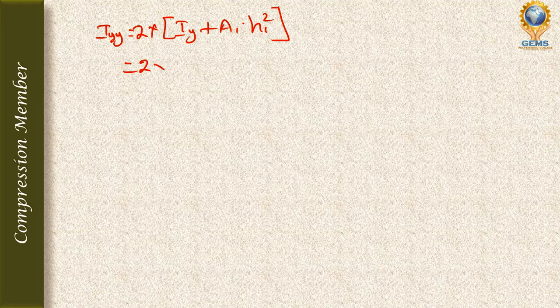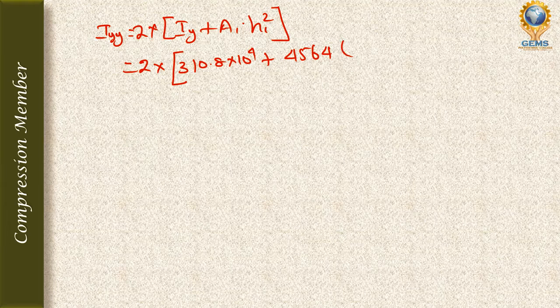Can we find the Iyy? Iyy is equal to, what is the formula? Iy plus area into the distance squared, into 2 times, because 2 channel sections are there. So Iyy is 2 into 310.8 into 10 to the power 4 plus 4564 into h1 square.